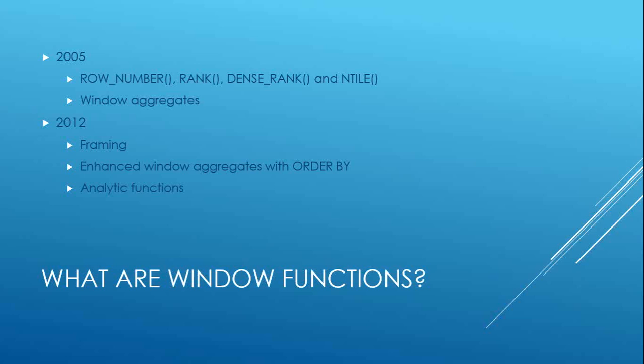2012 is the next time that we had any updates to this, and in 2012 we received framing, which allows us to even more granularly define our window, and we were given the ORDER BY clause for window aggregates. This allows us to get a running total or accumulation of numbers. We were also given, I can't remember if it's 8 or 10, analytic functions.